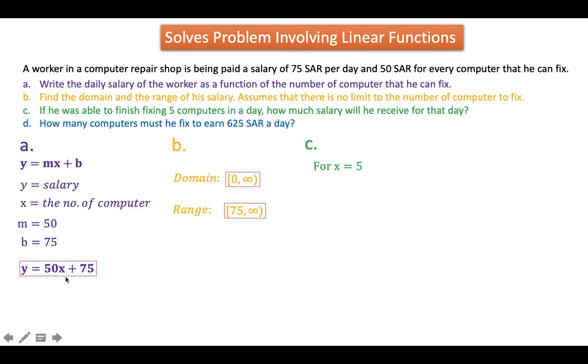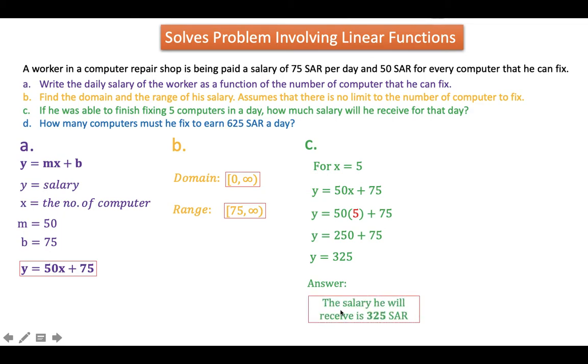Then using this equation, y equals 50x plus 75, we will just replace x by 5. Then solve the equation. 50 times 5 is 250, added to 75, and that is 325. So for our question, how much salary will he receive for that day if 5 computers were fixed? The salary he will receive is 325 reals.